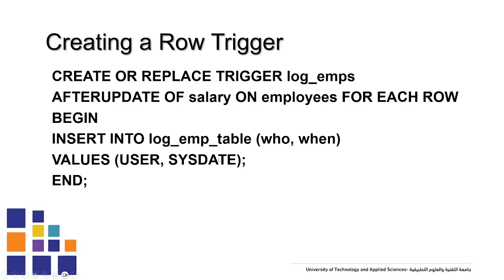So this log emp table will be assumed to store a log of all salary updates, including who made the updates and when it was done. Basically the use case for this trigger is designed for auditing and logging purposes as well. It allows the system to track when and to whom salary updates were made in the employees table.